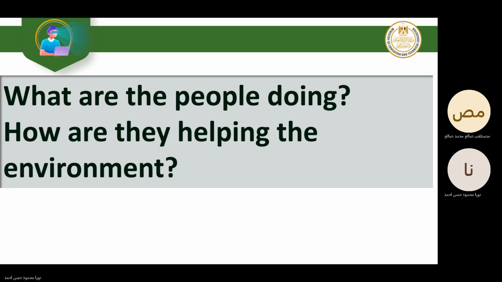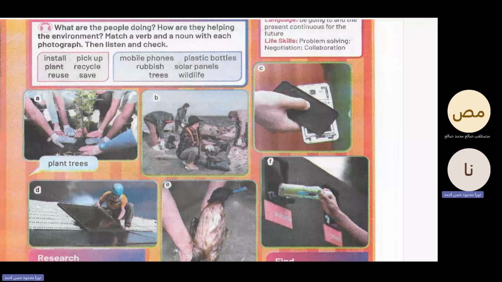Okay, so we have here 6 photos from A to F, and there are 6 activities that people are doing here in the pictures. And at the top of the page, we have 6 verbs and 6 nouns.